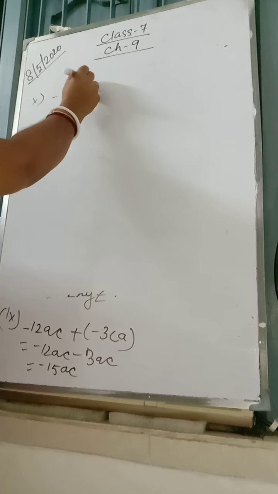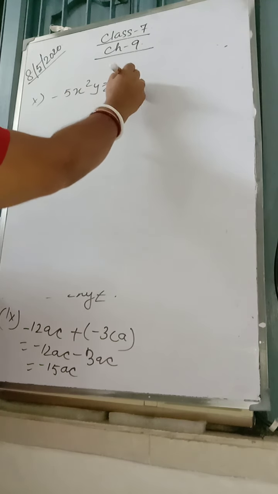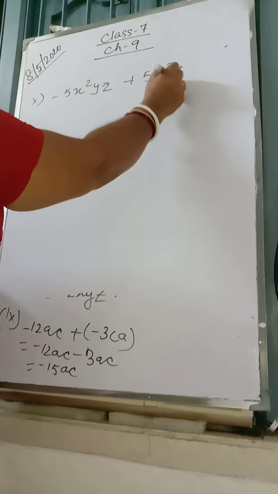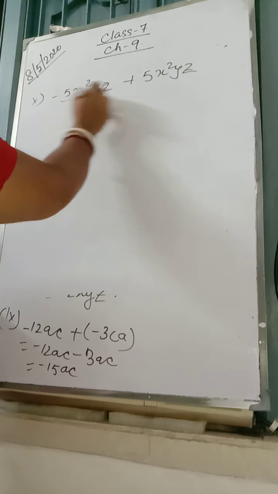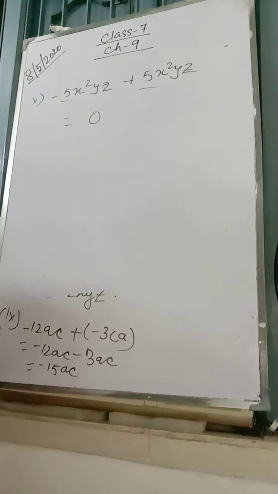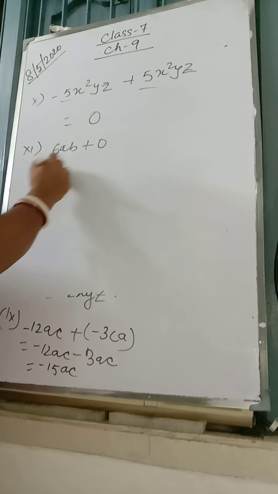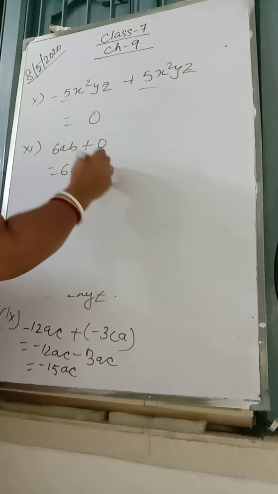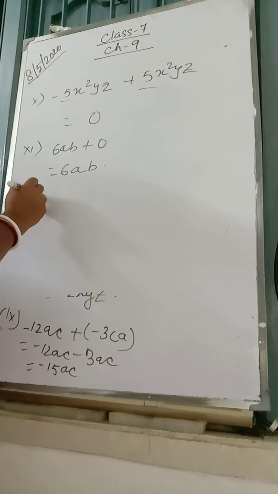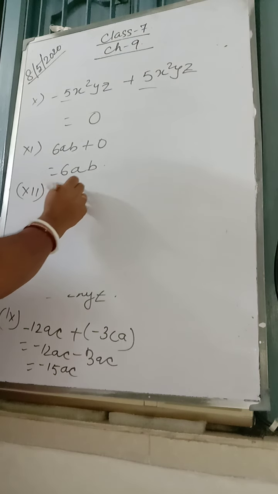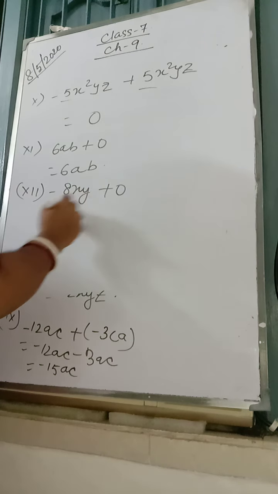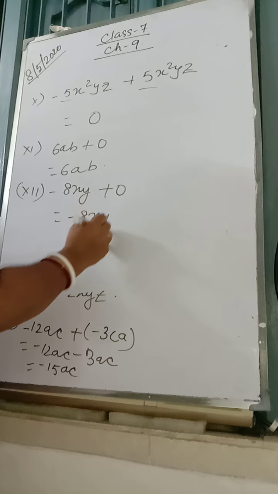Minus 5x square yz plus 5x square yz. Minus 5 plus 5, it gives you 0. So the answer is 0. Number 11. 6ab plus 0 is equal to 6ab. Number 12. Minus 8xy plus 0 is equal to minus 8xy.